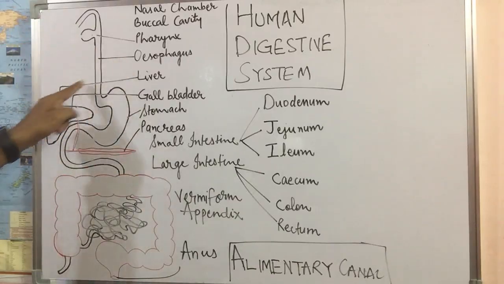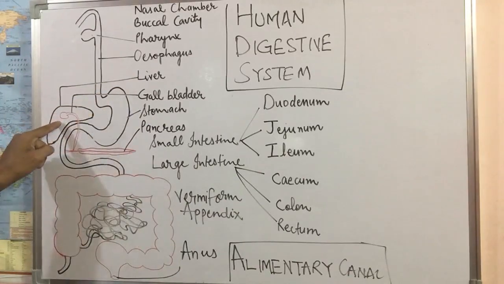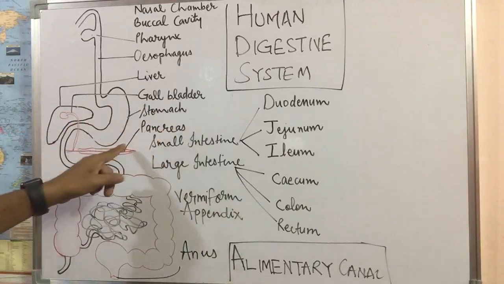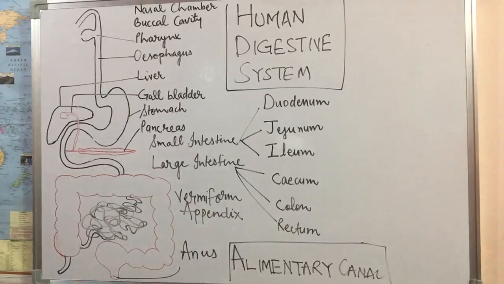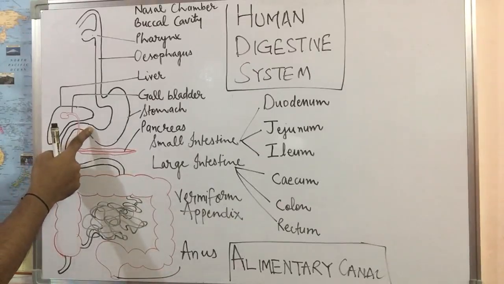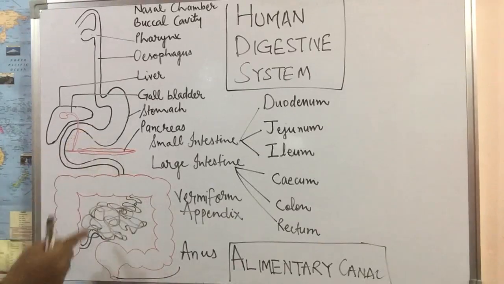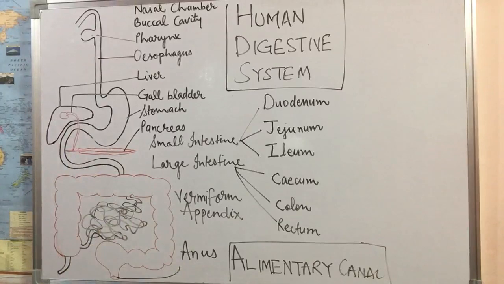Then this black structure is the liver. Then this red structure is the gallbladder. This is the stomach. Then here is the pancreas. Then we have the small intestine, starting from this point, this whole black portion which is running this way is known as the small intestine.